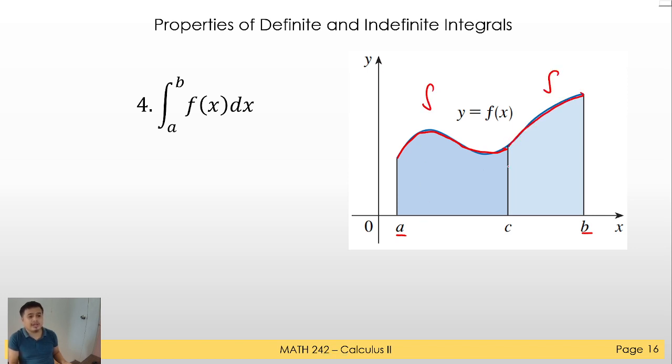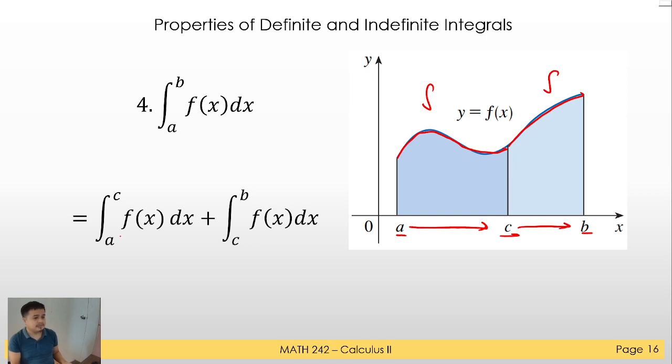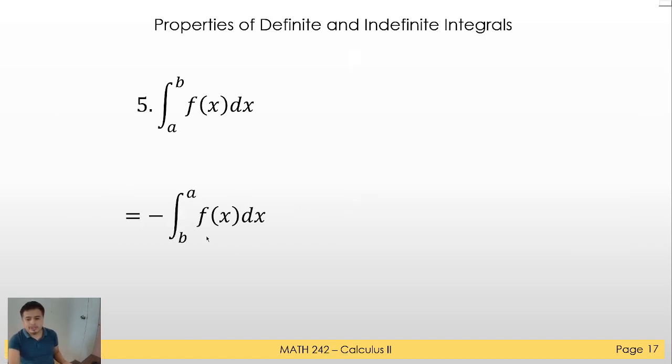We could add these two areas to find the total integral. So it could be represented as an integral from a to c and another integral from c to b. So this is the evaluation of this. So we could break this down at some value of c. Okay, all right. So that would be all.